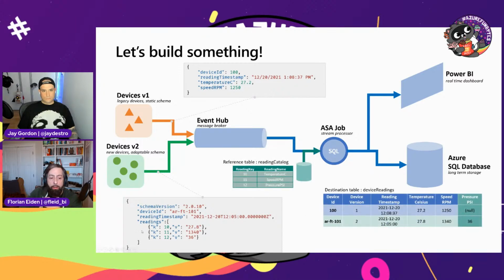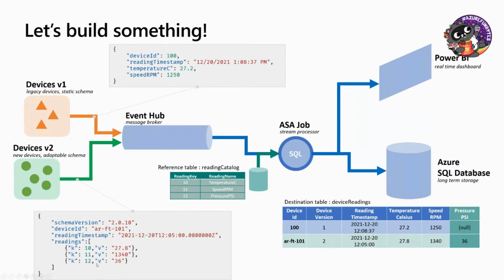If you look here, not only is the schema different, so my SQL will need to deal with both of them, but look at the readings. They are inside of an array with a key that doesn't tell me whether it's temperature, speed, or what. That definition, that interpretation, lives in a metadata catalog inside of SQL DB.